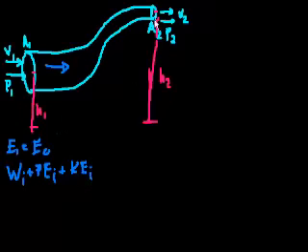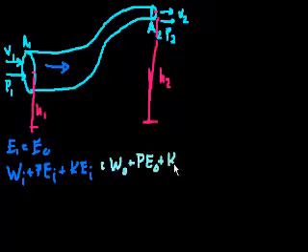And then we know from the conservation of energy that has to equal the output work plus the output potential energy plus the output kinetic energy. A lot of times in the past we just said that the potential energy input plus the kinetic energy input is equal to the potential energy output plus the kinetic energy output. But the initial energy in a system can also be done by work. So we just added work to this equation that says that the energy in is equal to the energy out.